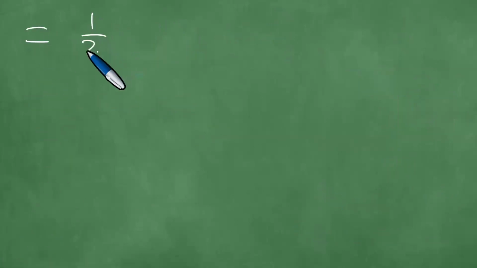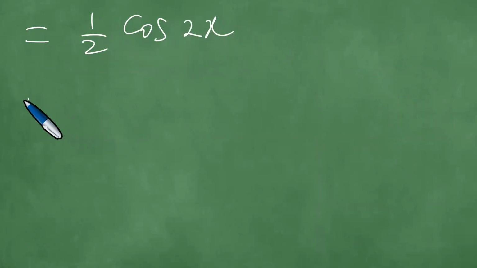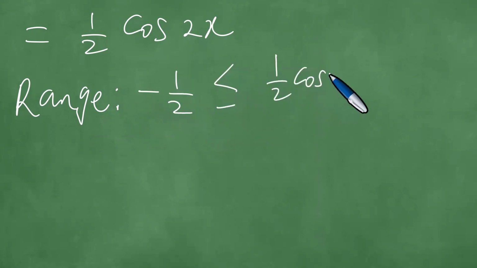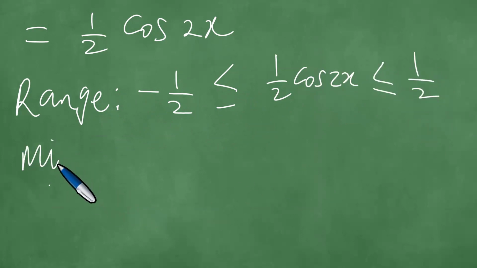At this point, we are able to see that we have with us 1/2 cosine 2x, whose range is minus 1/2 up to 1/2. So we're able to see therefore that the maximum, let's see the maximum first. What is the maximum?